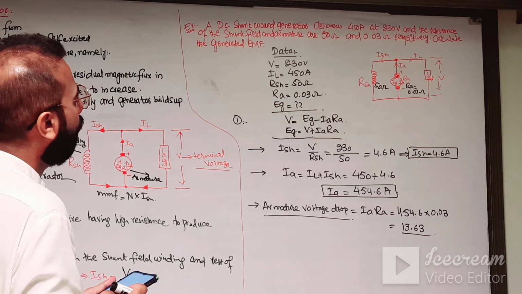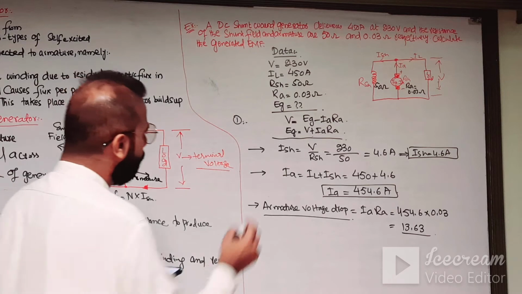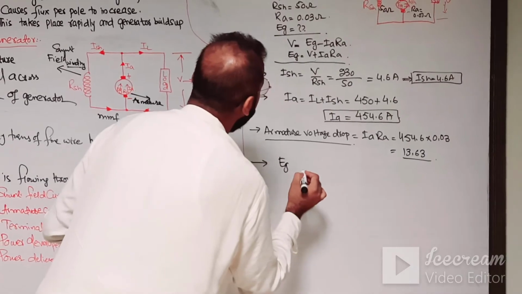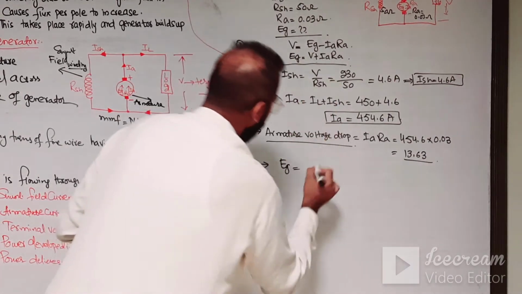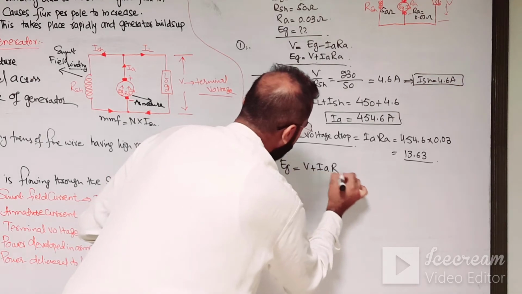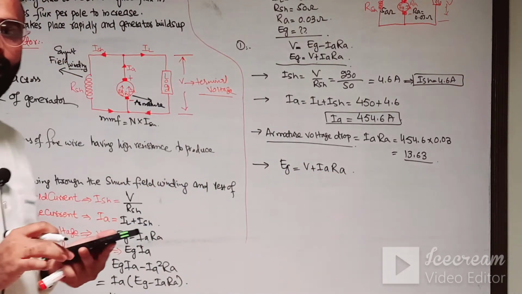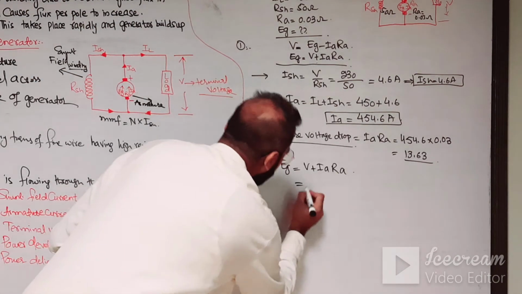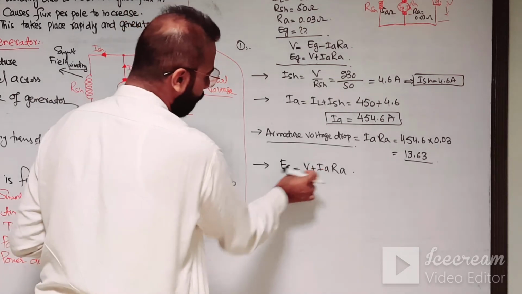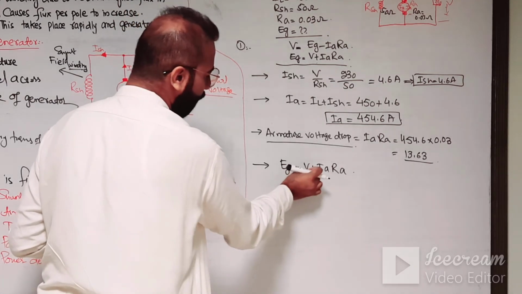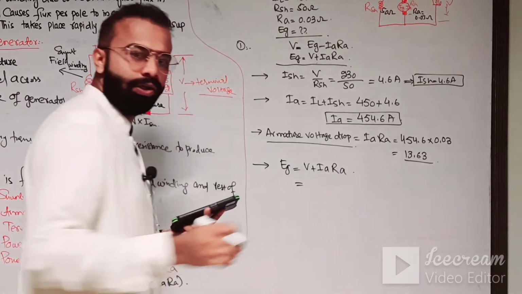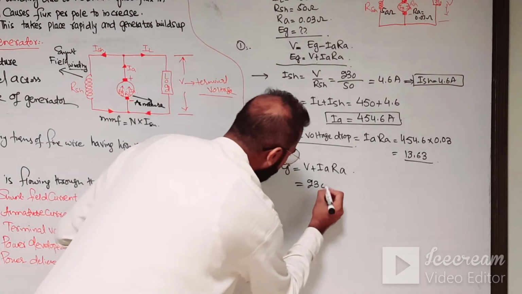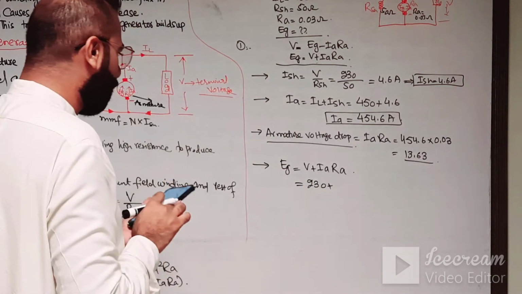Now we are going to find EG. EG is V plus IA RA, where V is the terminal voltage. So EG is the sum of the terminal voltage plus the armature voltage drop.